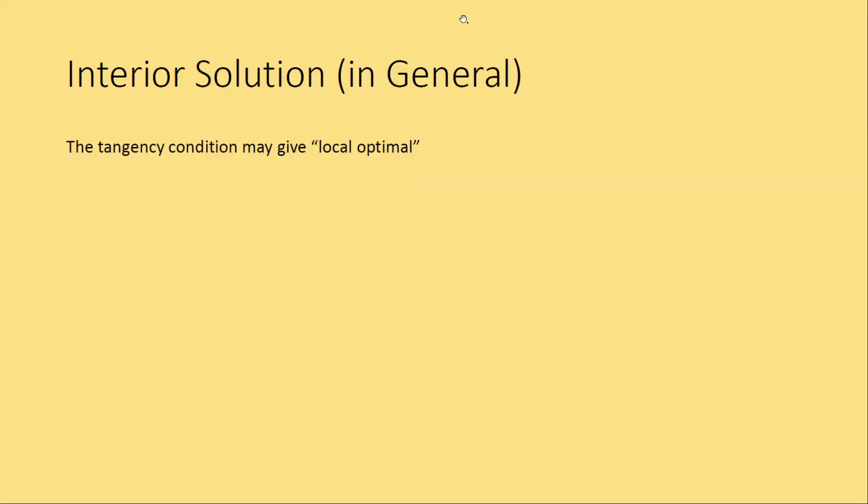To show this, similarly, let's fix the budget constraint first. So let's say this is the budget constraint. Now, the indifference curves are going to look different. So there will be an indifference curve. Sorry, it's not good enough again.